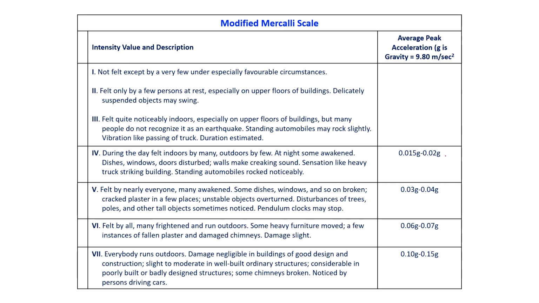In this case the acceleration is much less, 0.015 to 0.02 g. So a comparison is being given of what will happen. For example at intensity 7, you will have around 0.1 g to 0.15 g.